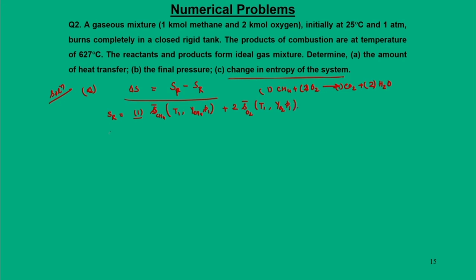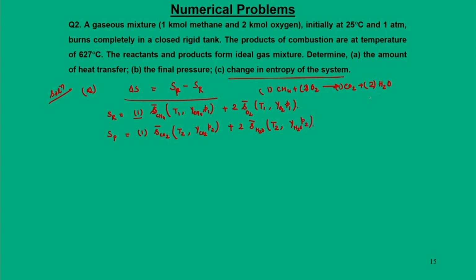Similarly, for products SP, for carbon dioxide 1 mole S bar of CO2, products are at temperature T2, mole fraction YCO2 at pressure P2, plus 2 moles of H2O, evaluated at temperature T2, mole fraction of H2O at pressure P2.